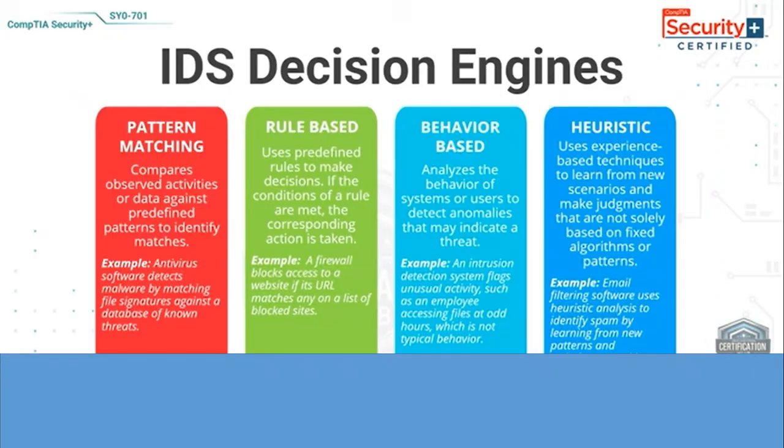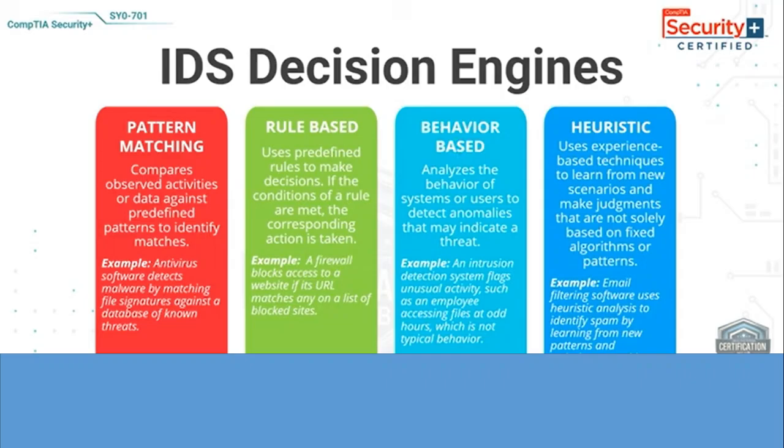The IDS decision engine: in IDS we have four decision methods. First is pattern matching, then rule based, behavior based, and heuristic. Pattern matching compares observed activities or data against predefined patterns to identify matches.